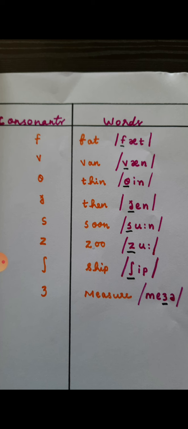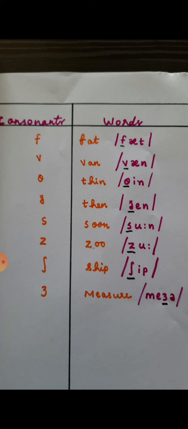The last two sounds for today's class are sh and j. Sh. How to write sh? A long S. We are writing it somewhat similar to S, but it's not small s, it's a long S. The middle portion of that S is a little lengthy. That gives you the sound sh, as in "ship."